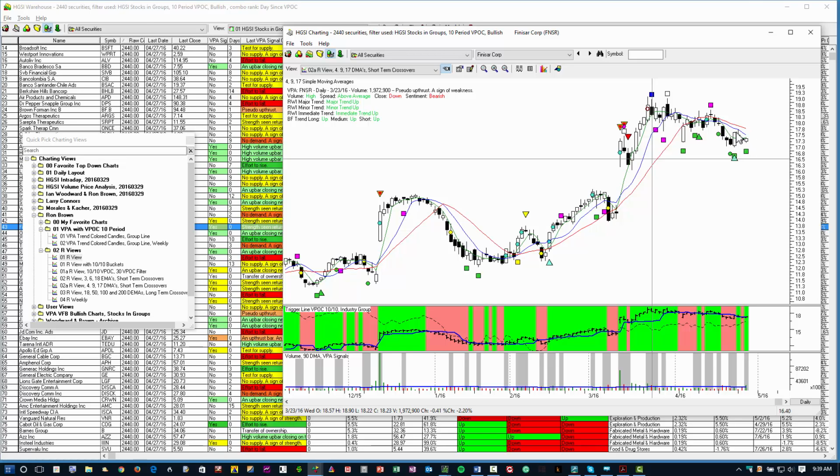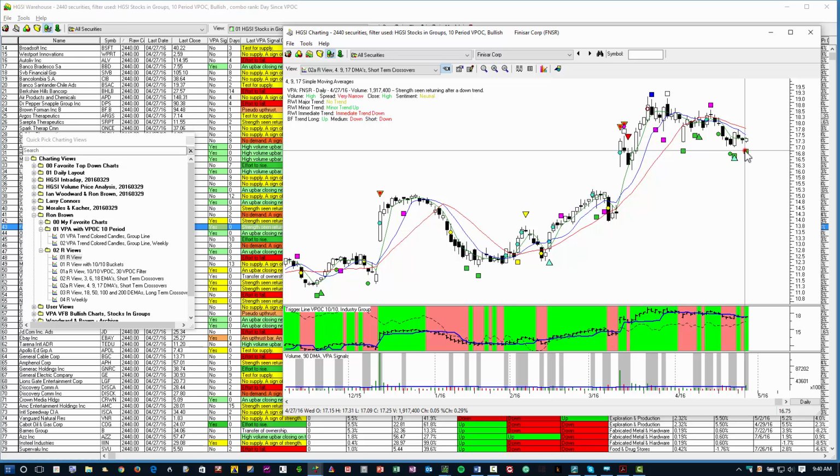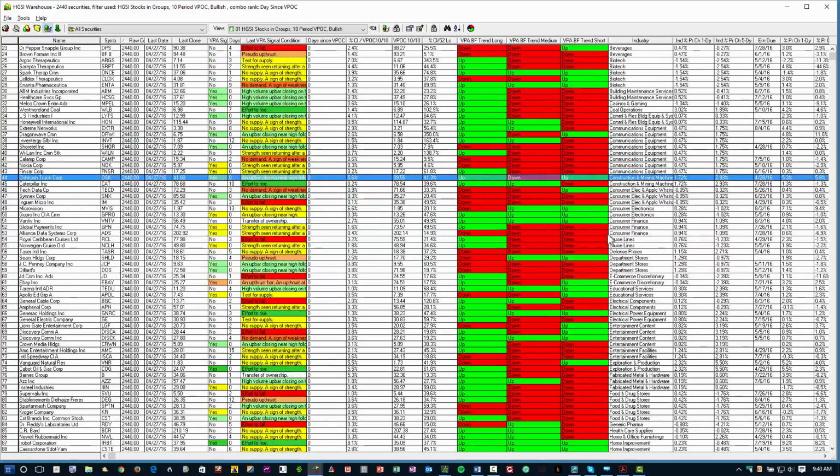It would certainly have to take out the prior days, and the moving averages are all down, which is a real negative. You'd like to see these stocks above the moving averages with some positive VPA signals. These are just strength seen returning signals and so on. Not a lot to go on here. I'm just not finding much in that group.